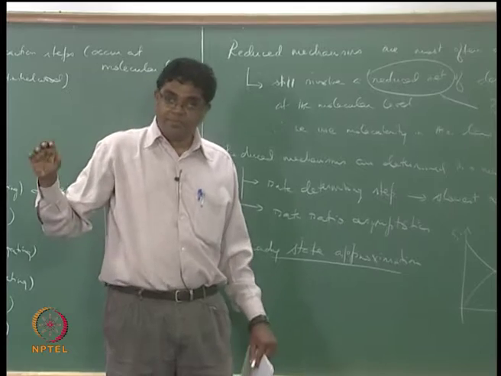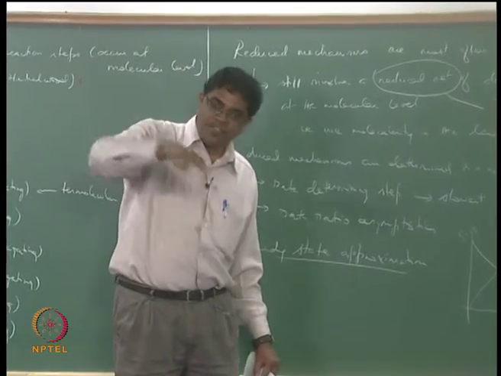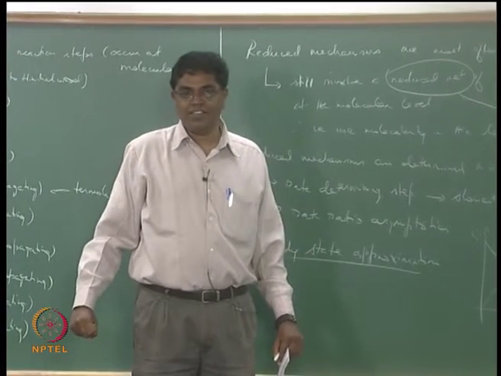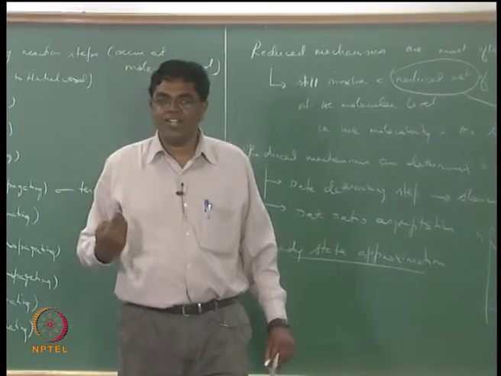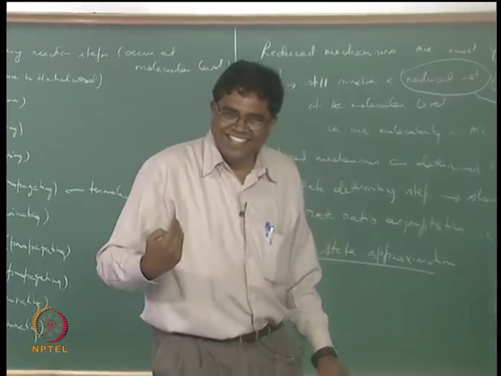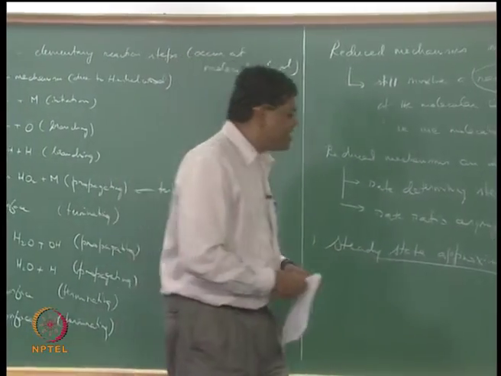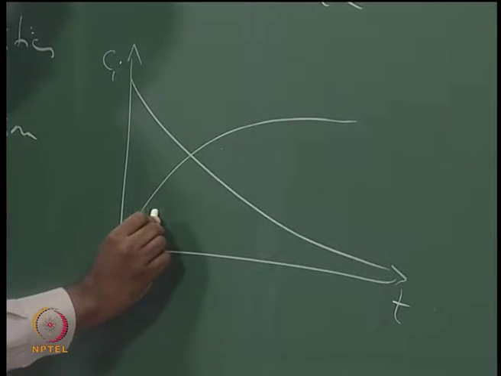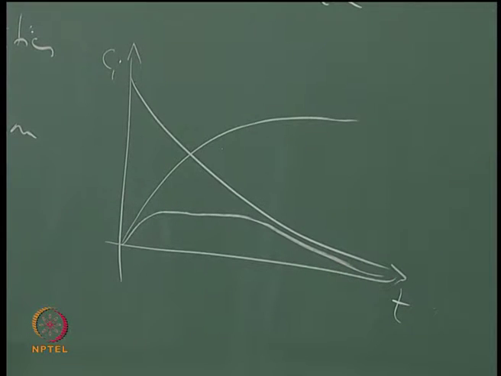They have a maximum, right? So it goes up and comes down. Does it go up and then come down immediately, or does it want to live for some time, like us? So the intermediates are produced and then they want to stay for as long as they can.